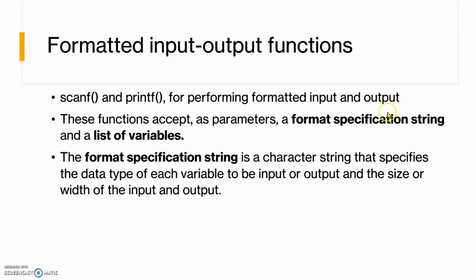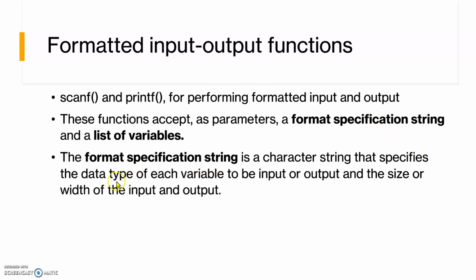This string mentions what type of data you are taking into a variable, or producing out from that variable. It also specifies the size and width of your input and output, like how many digits you want to produce and what the width of that input or output should be. So the format specification string mentions three things.